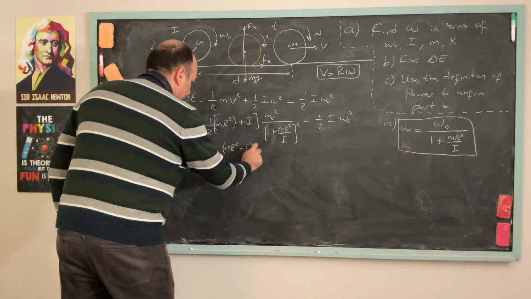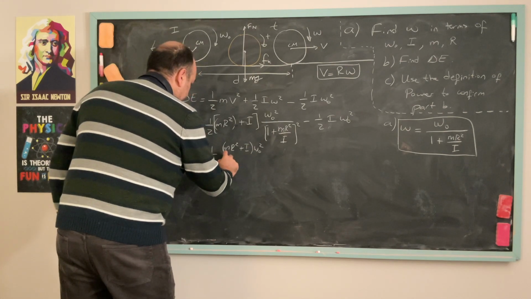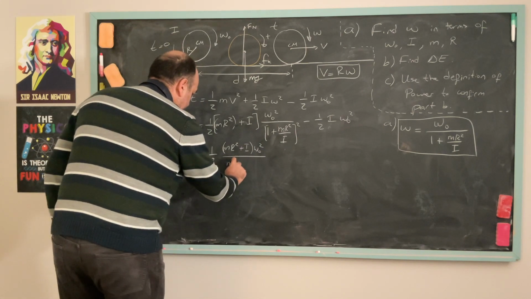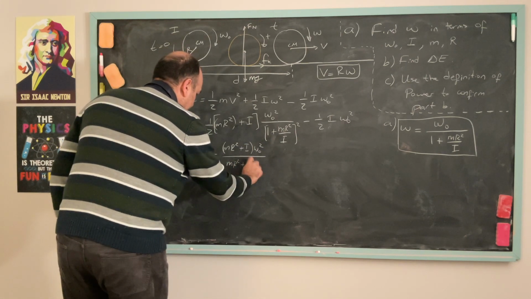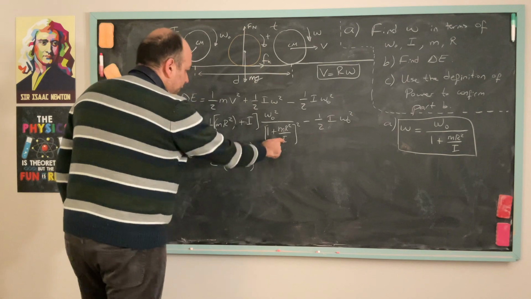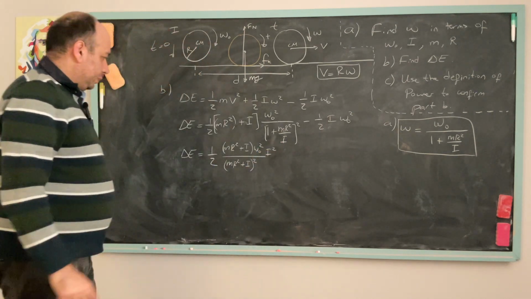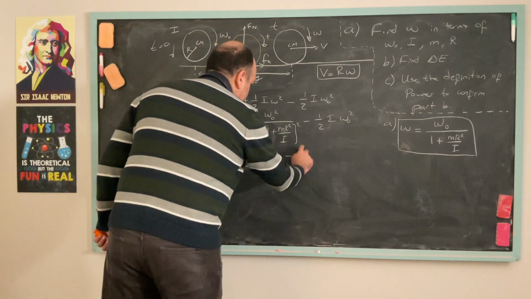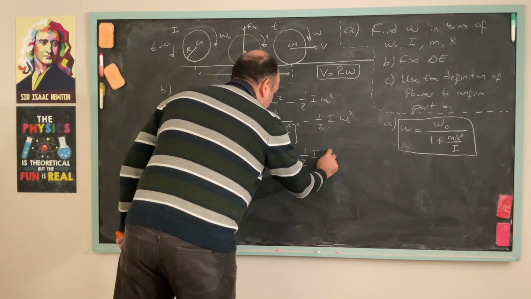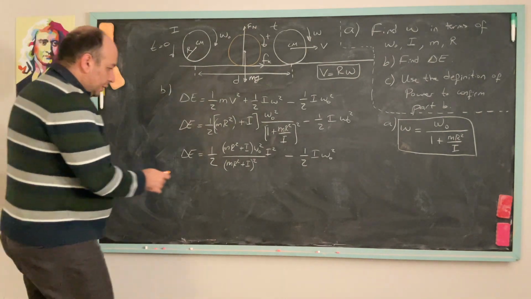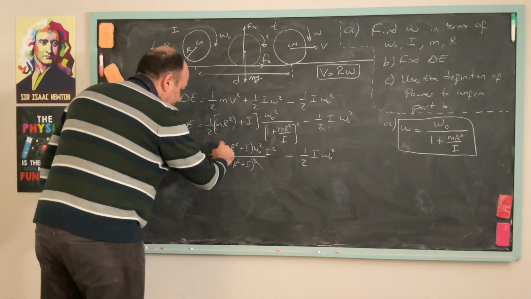I omega naught square divided by mR square plus I parenthesis square divided by I square, so it's going to be I square here. And then minus 1/2 I omega naught square. So you can cancel one of these terms here.